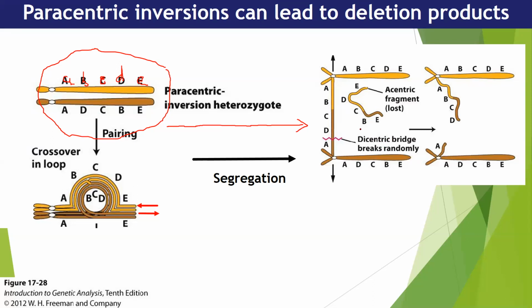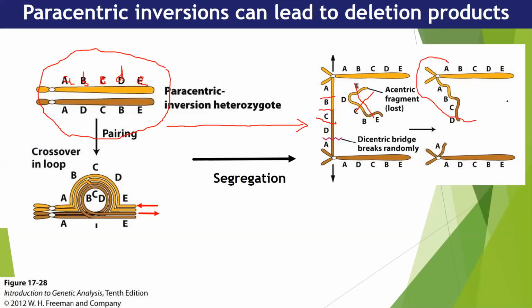dicentric bridge structure. Once you have this, you don't worry about the little fragment, because there's no centromere on this one, right? This will be lost. So only look at this dicentric bridge structure, and there will be a random breakage on this bridge.